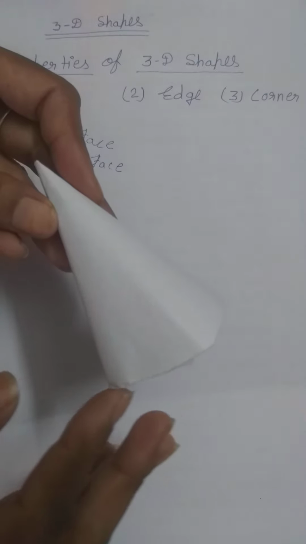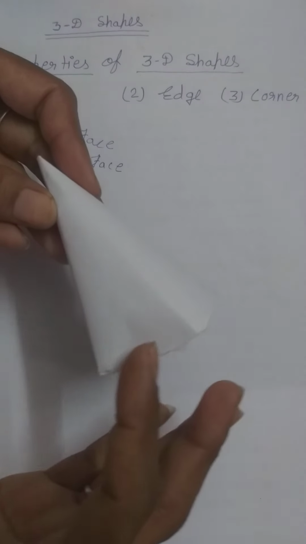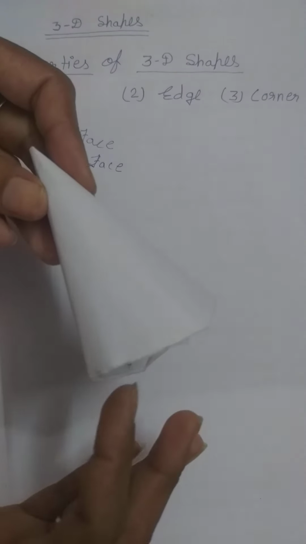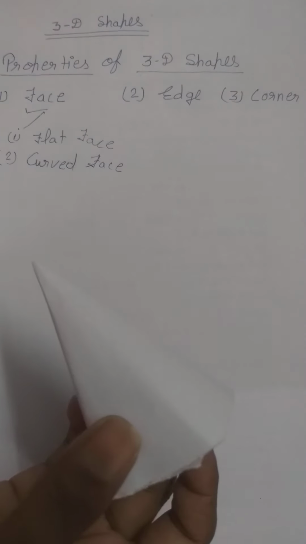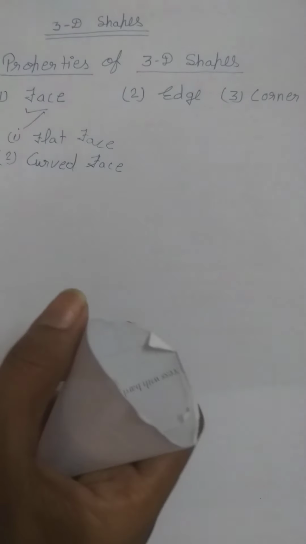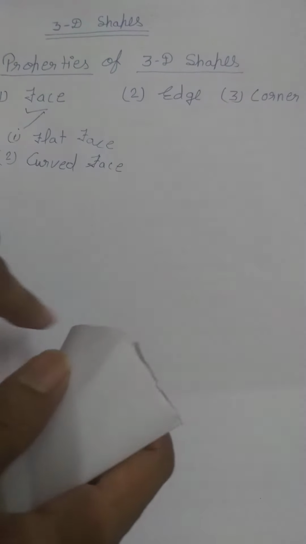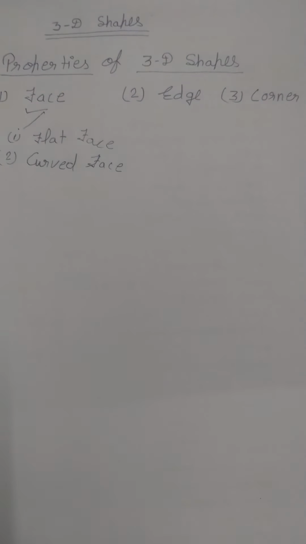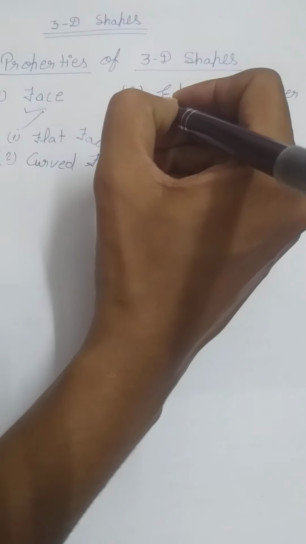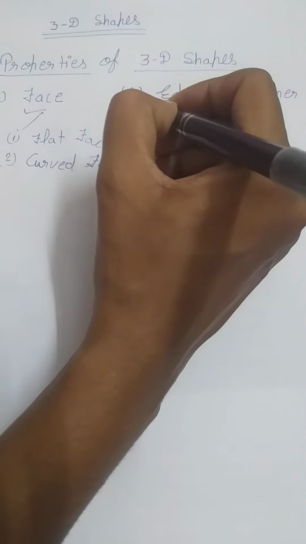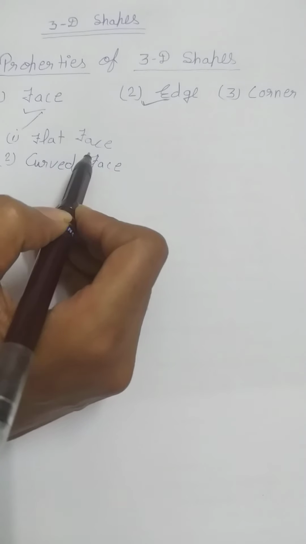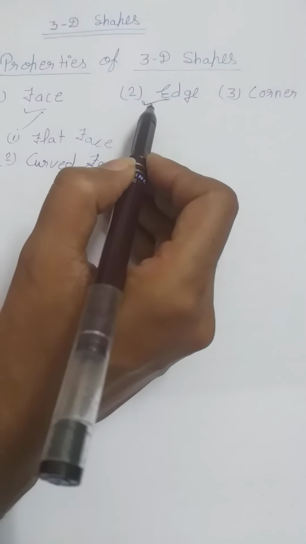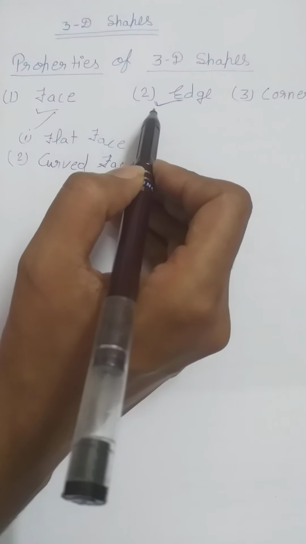So this one is also the edge of the cone. Okay, so we call these edges. So you are clear with edge. What is the meaning of edge? Where two faces meet, that is called edge.